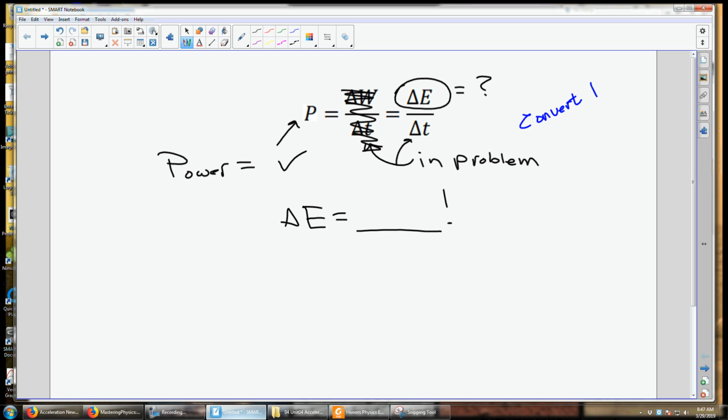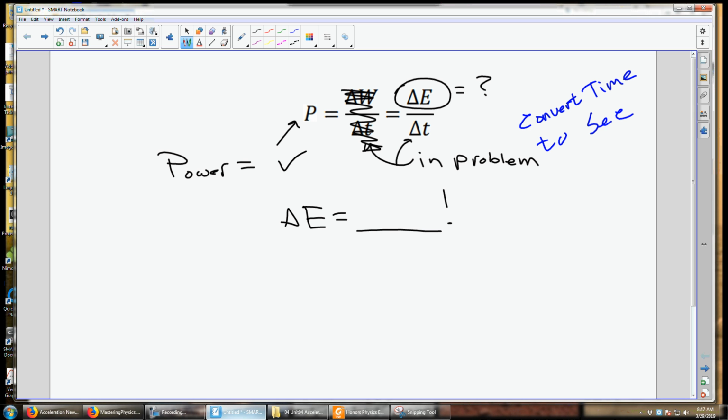So convert time to, what do you think? What unit should we use for time? Seconds. Because a watt, this is where I need to start.